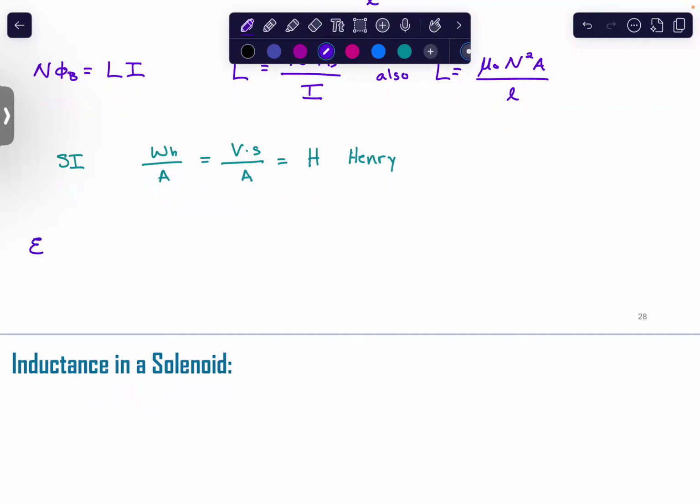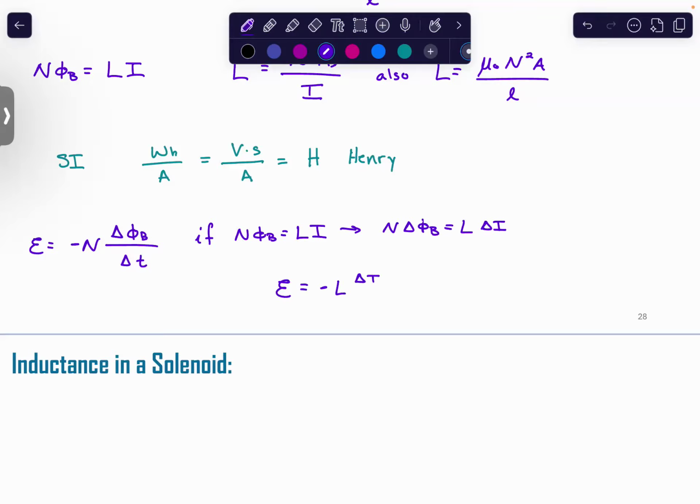So if we remember, our EMF becomes negative L delta I over delta T. That's your induced EMF in an inductor.